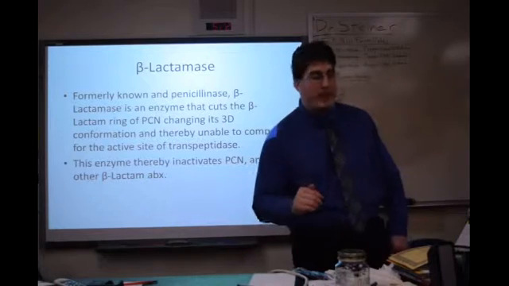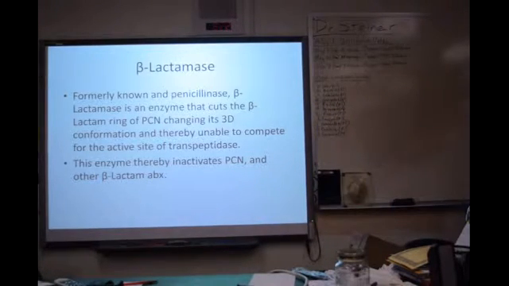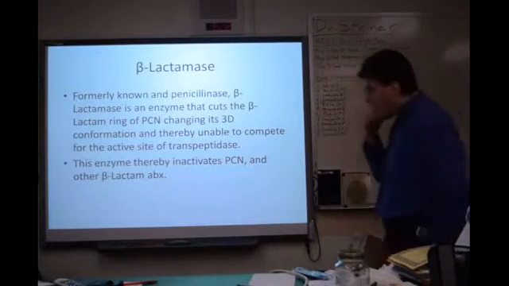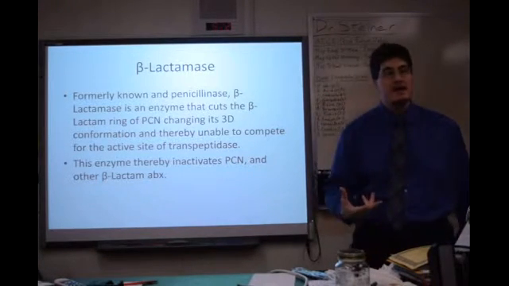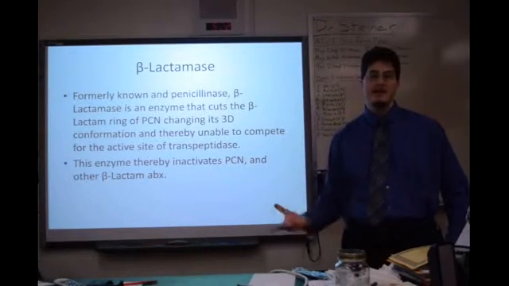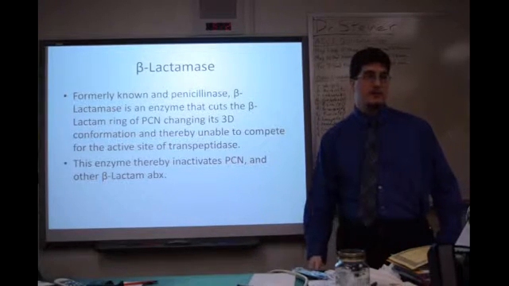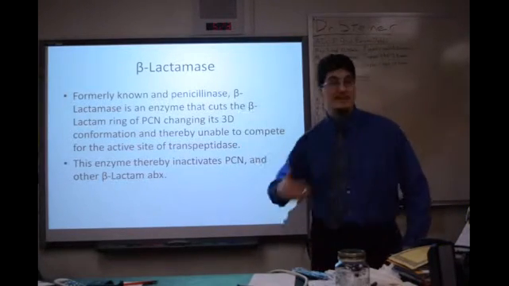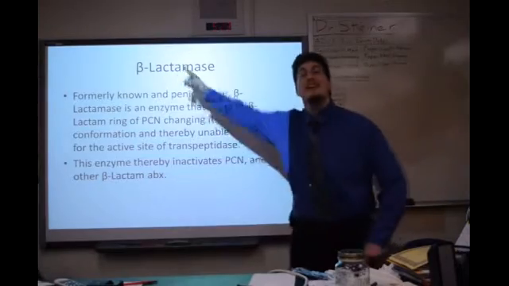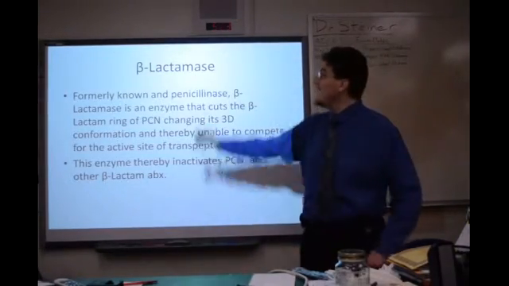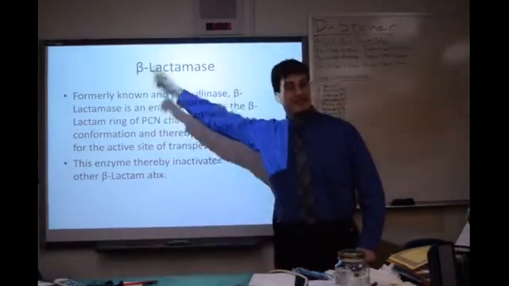So it inactivates penicillin permanently. It may also inactivate other beta-lactam antibiotics. Some cephalosporins can be inactivated by beta-lactamase. Not all of them; some of them are beta-lactamase resistant. But you can also add other drugs to penicillin, like sulbactam, for example. Sulbactam is a beta-lactamase inhibitor. So you inhibit the inhibitor.